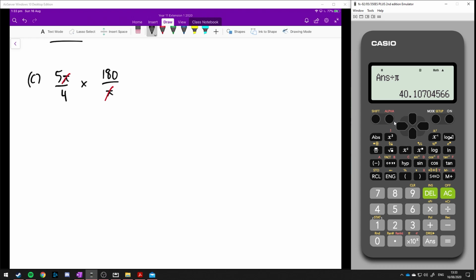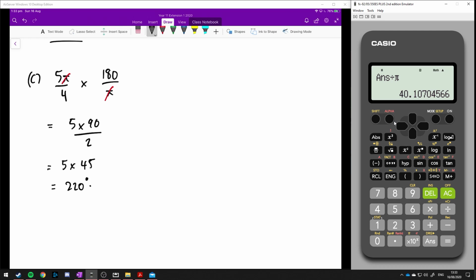So 5 times 90 on 2, which is the same as 5 times 45, which is equal to 450 on 2, so 220 degrees, like that.